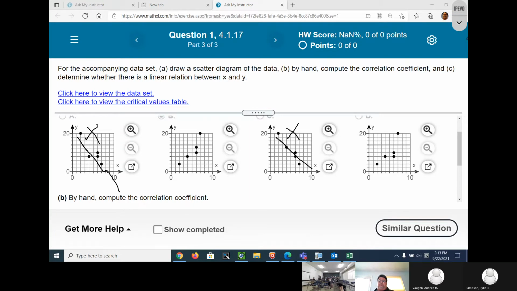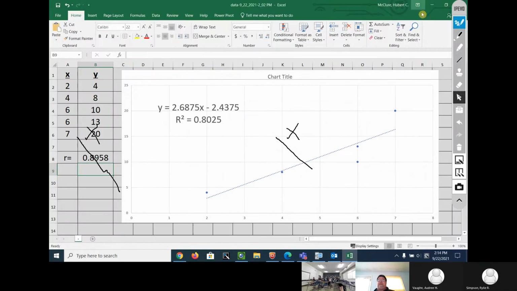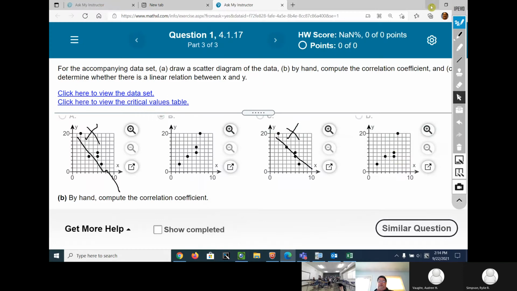Hold on a second. Let me get my mouse back. There we go. Now I got my mouse back. So 6 and 10 and 6 and 13. So that's pretty close. So I'm going to go 6 and 10. Each one of these is what? 2, 4, 6, 8, 10, 12. It's B.